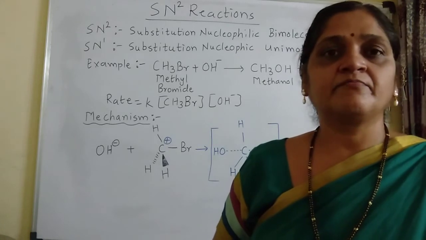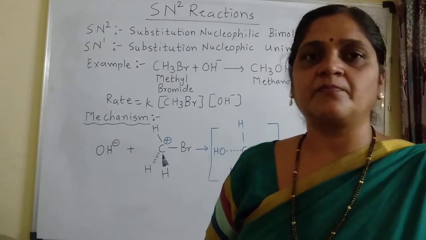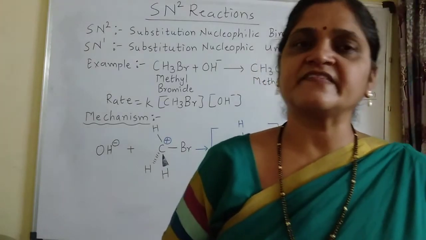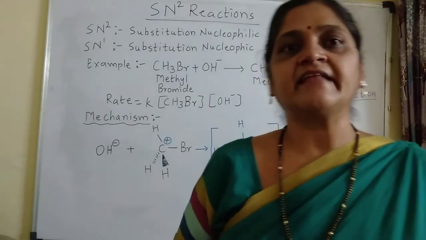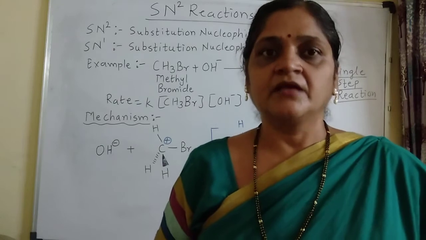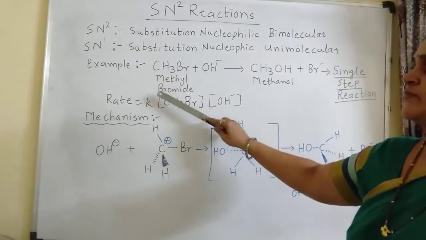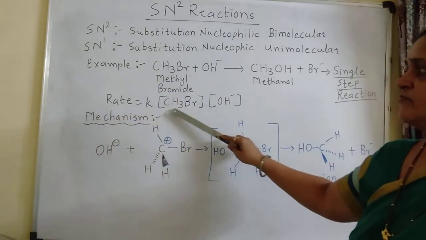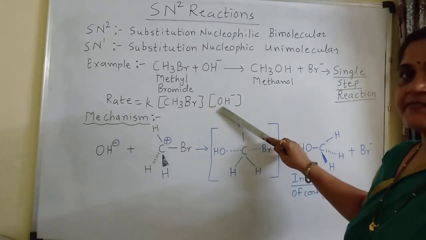Bimolecular means that the rate of the reaction depends upon the concentration of two reactants, the nucleophile concentration and the substrate concentration. Here the nucleophile is OH minus and the substrate is methyl bromide. So the rate of reaction is given as k into concentration of methyl bromide into concentration of OH minus ion.